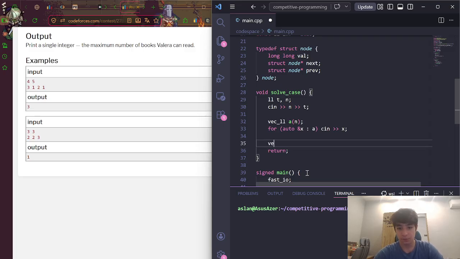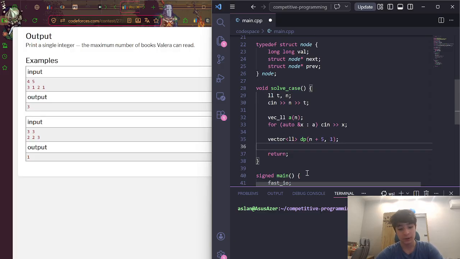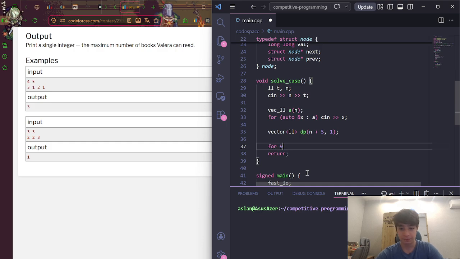make vector dp. I hope it's going to work. dp I want it to be 1 indexed, and because of that let's take n plus 5, fill it by 1. Like the first index is going to be 1, and it's a better approach.